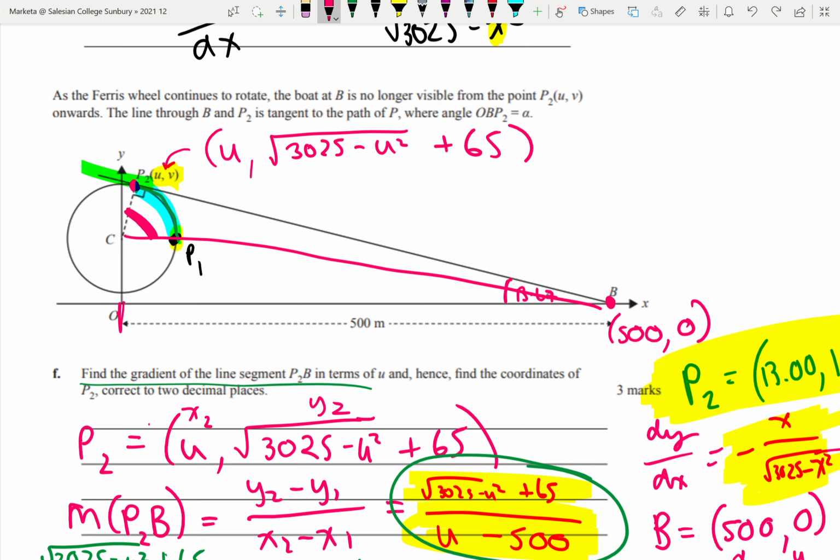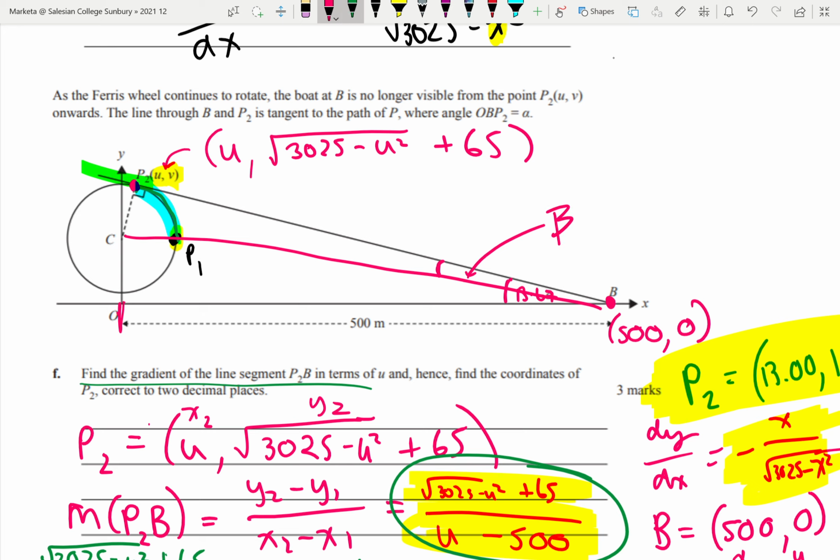If we can find the fraction of the circle and then multiply it by 30 minutes, the whole time, we're going to get the length of time that we have. This angle here, I'll call it beta, and that's the angle we need to find.